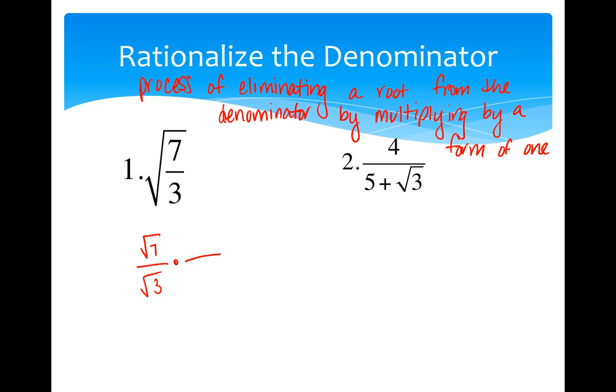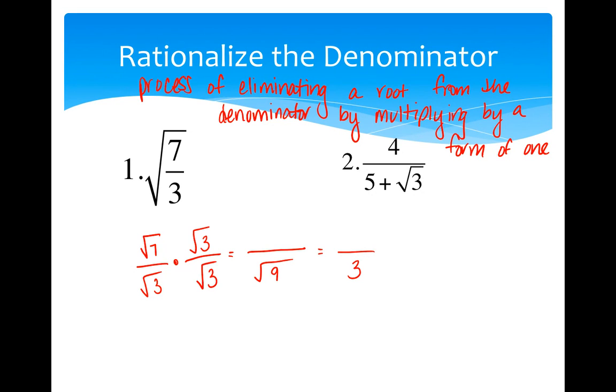If you have a singular root in your denominator, so nothing that's added or subtracted like you see over here, you can just multiply by that same root, but it has to be a form of 1. So it has to be the same thing on the top and on the bottom. The reason I can do that is now when I multiply across my denominator, I have the square root of 3 times 3, or the square root of 9, which is just 3.